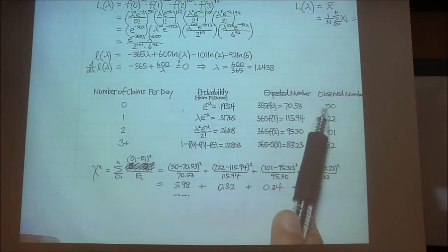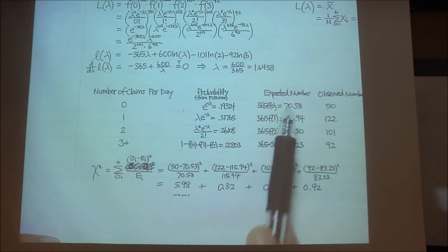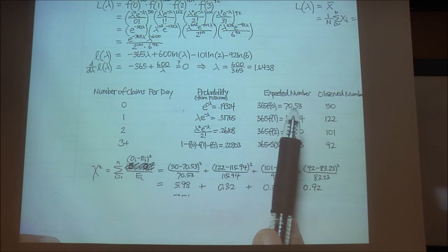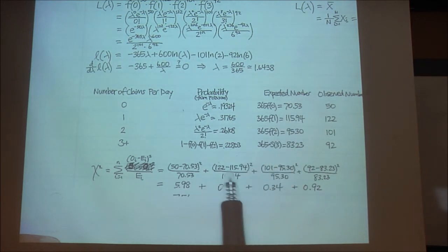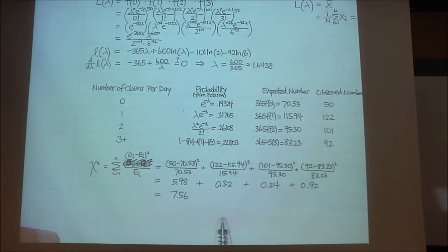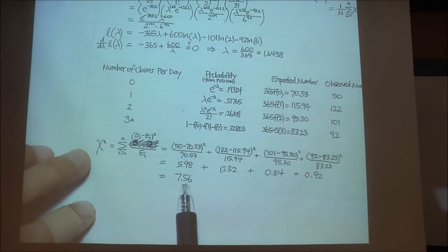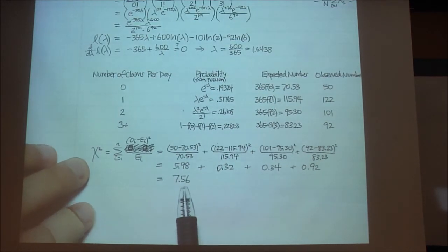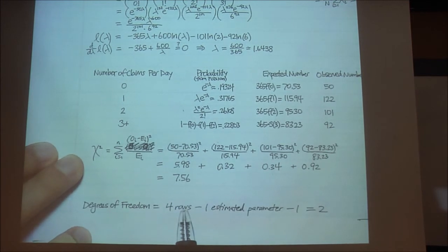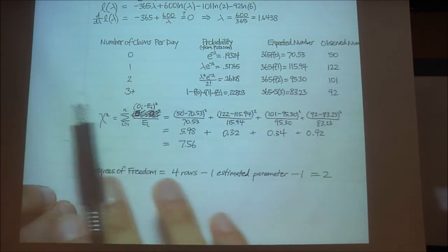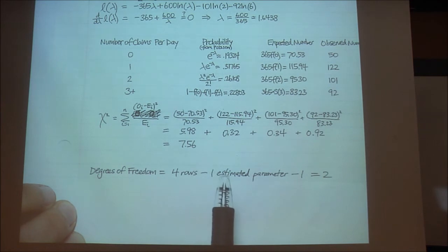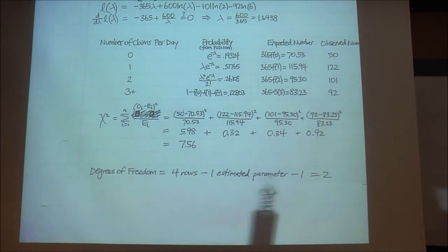You have 50 minus 70.53, square that, and then divide by 70.53 for each row, and you get these numbers, which should sum to approximately 7.56. With that number, you then want to calculate the number of degrees of freedom to check the table. We have 4 rows of data, and you subtract the one estimated parameter based on Poisson, and then you subtract an additional 1, and you get 2 for your degrees of freedom.